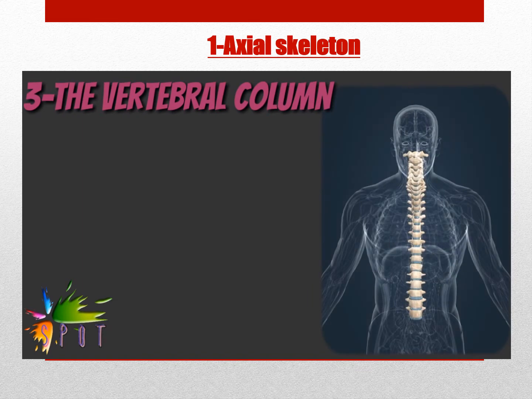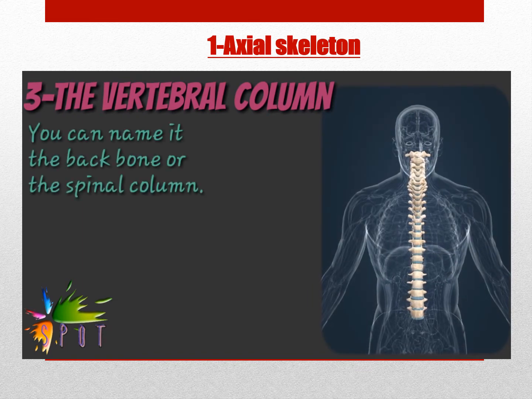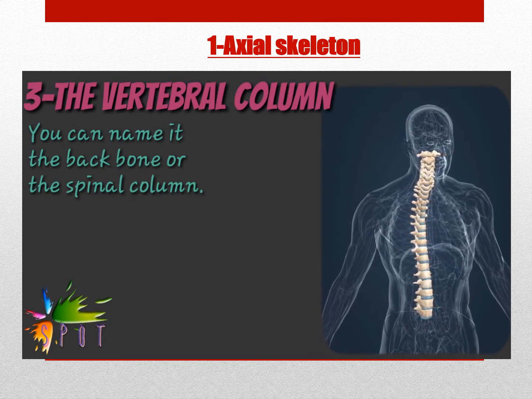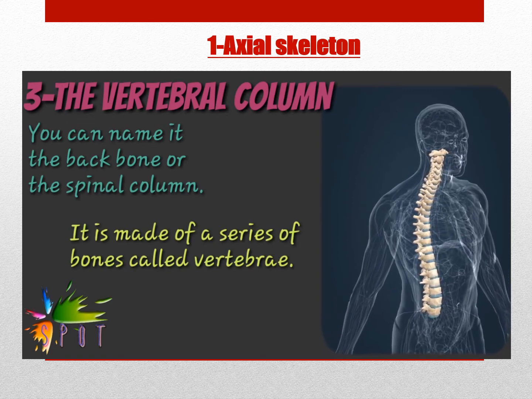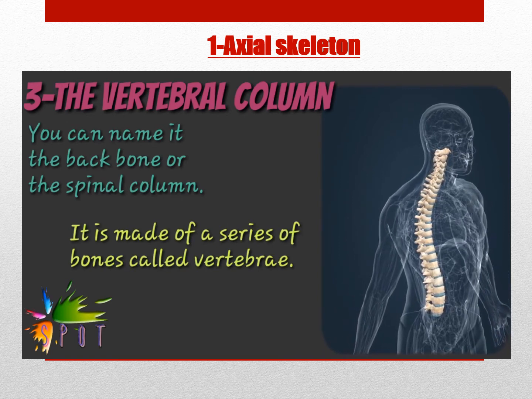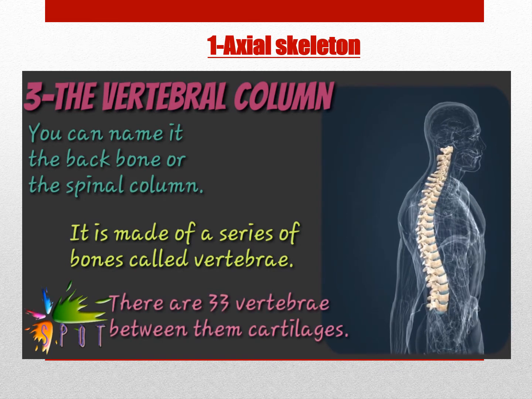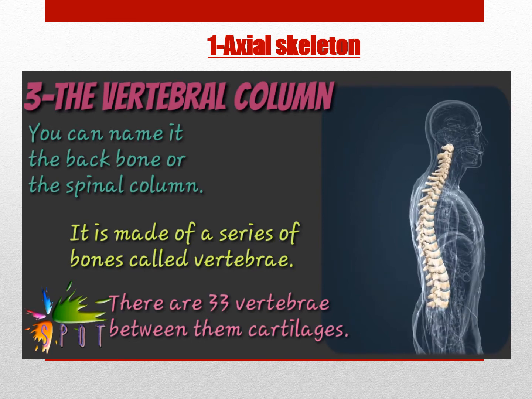Third part, the vertebral column. The other name is the backbone. It consists of a series of bones called vertebrae, which are 33 vertebrae. Between them, cartilage.